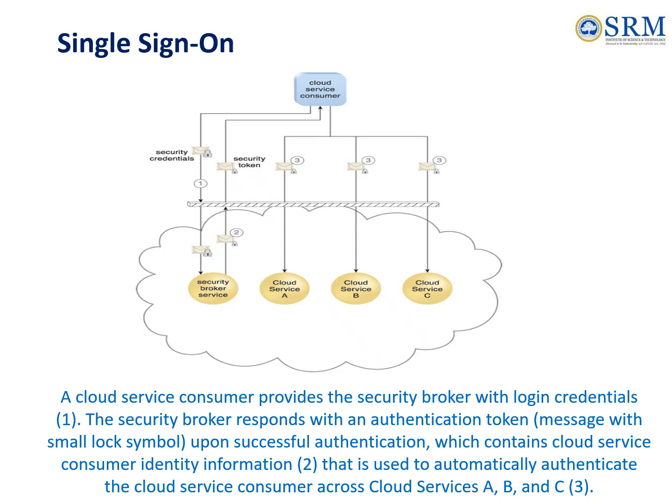Now, instead of asking the user to log in separately, this token is automatically shared with cloud services A, B, and C. As a result, the user can access multiple cloud services using a single login session. So, the security broker helps maintain one common authenticated session across different services.